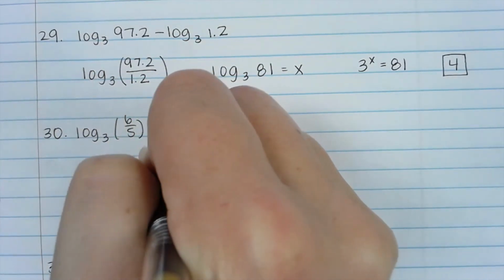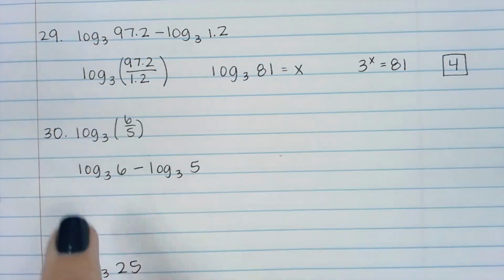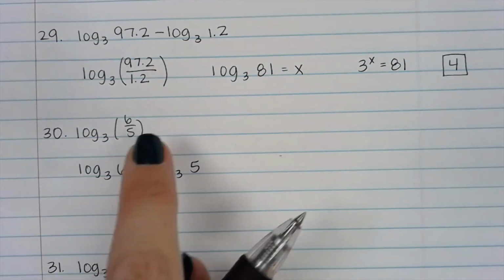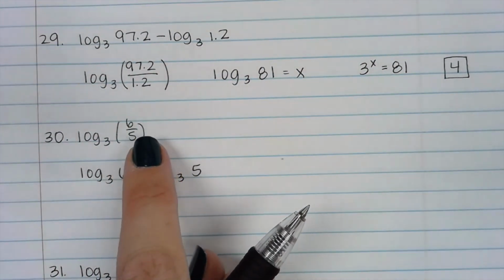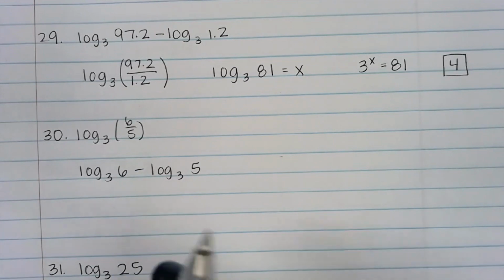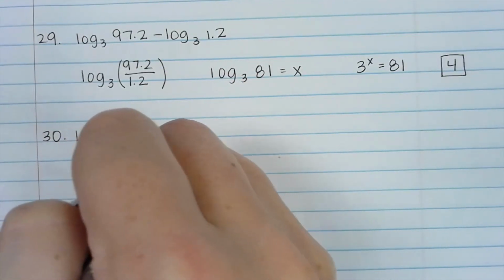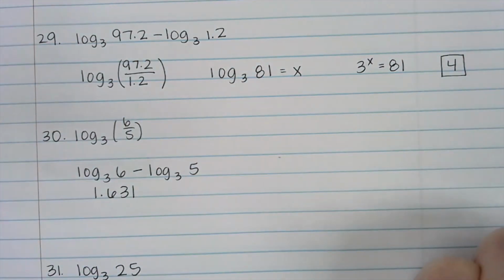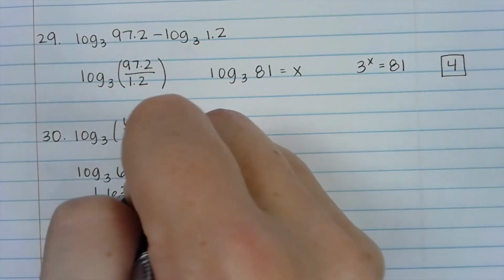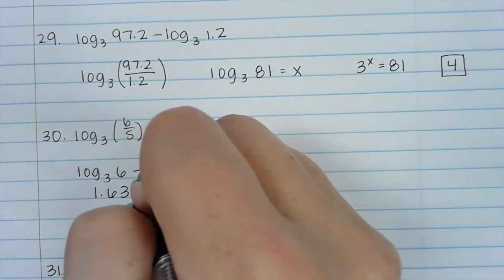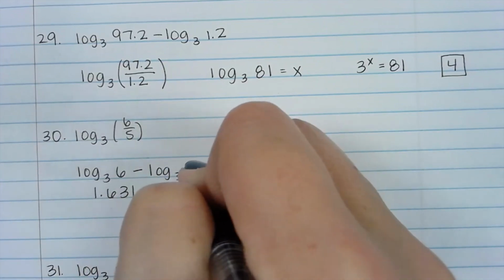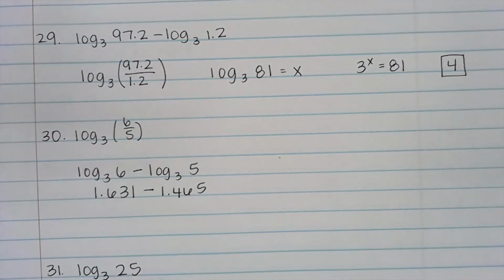Division becomes subtraction, and writing it like this helps me. I don't know what log base 3 of 6 divided by 5 is, but I know from the paper that log base 3 of 6 is equal to 1.631 because they told me that on the paper. And then I know that log base 3 of 5 is equal to 1.465 because, again, they told me that on the paper.